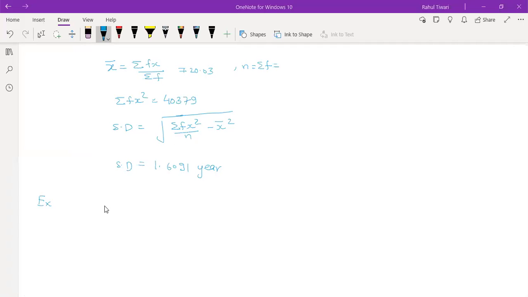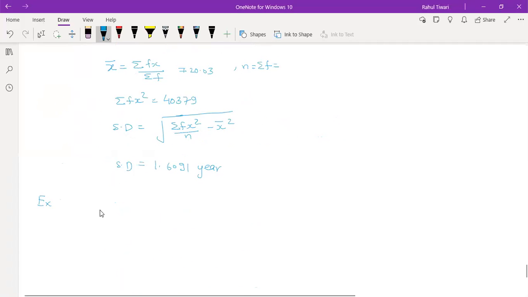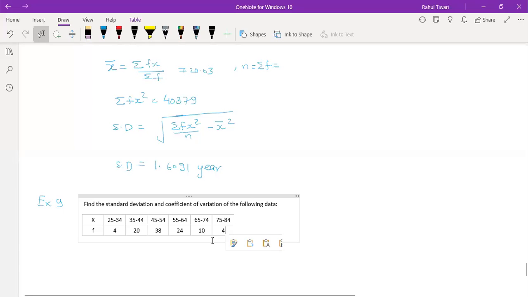So this is the problem for the practical. Problem number 9. It's very simple, I think.